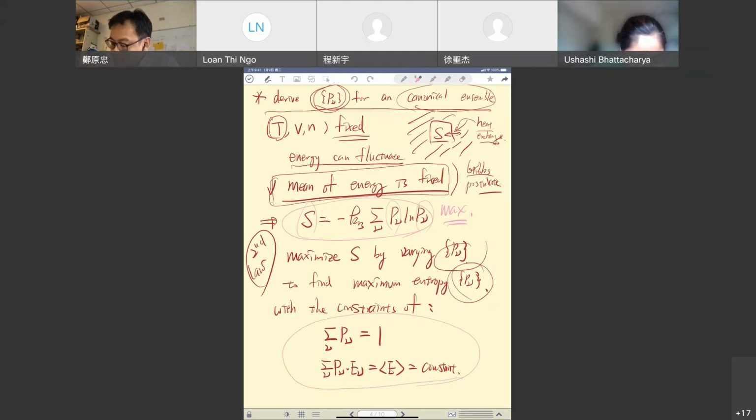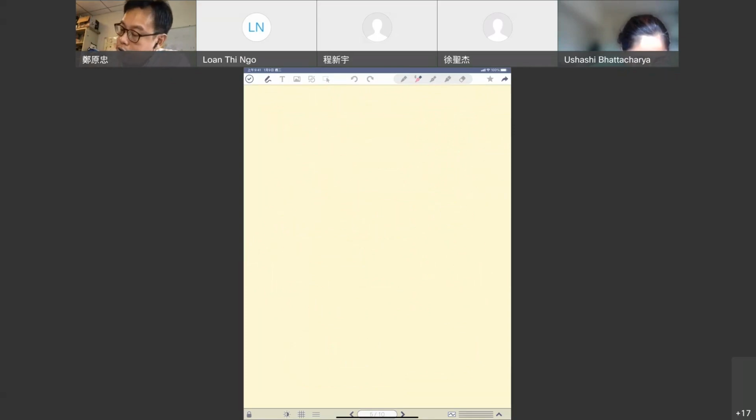So to maximize this, let's call this equation 1, to maximize this entropy, the second law requires that... to find the maximum means we need to find the extreme value.